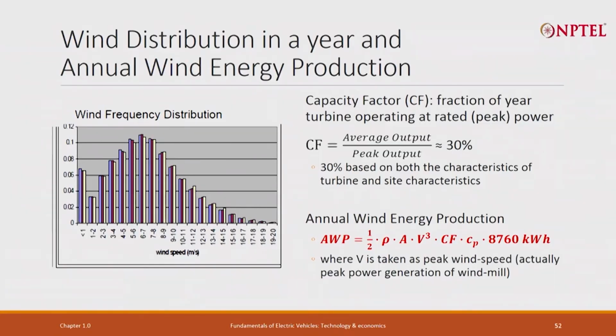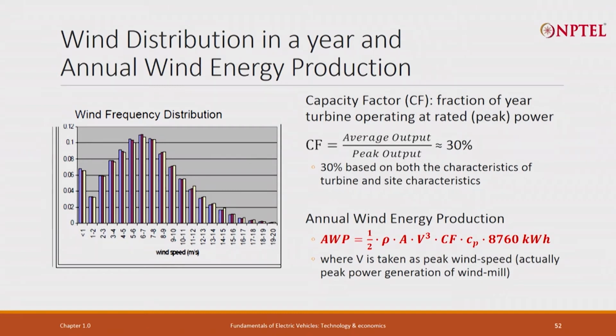Please remember this. This is the typical wind frequency. The wind frequency is mostly in a particular area between 5, 6, 7, 8, 9, and it keeps on going up. So, you get all kinds of wind, but for a very small percentage of time, and the average of this is around 30%. That is what this says.